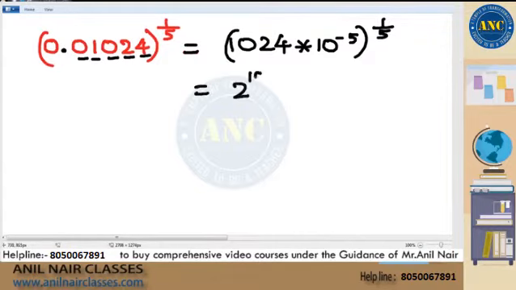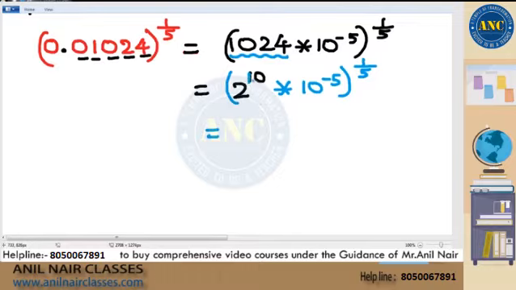1024. Just a couple of days before, I took a concept called last 2 digits, and I used this beautiful number 1024 also in last 2 digits, which is nothing but 2 power 10. 2 power 10 into 10 power minus 5 whole power 1 by 5. Can I write it as 2 power 10 whole power 1 by 5 is 2 power 10 by 5. It is 2 power 2. 10 power minus 5 whole power 1 by 5 is 10 power minus 5 into 1 by 5.